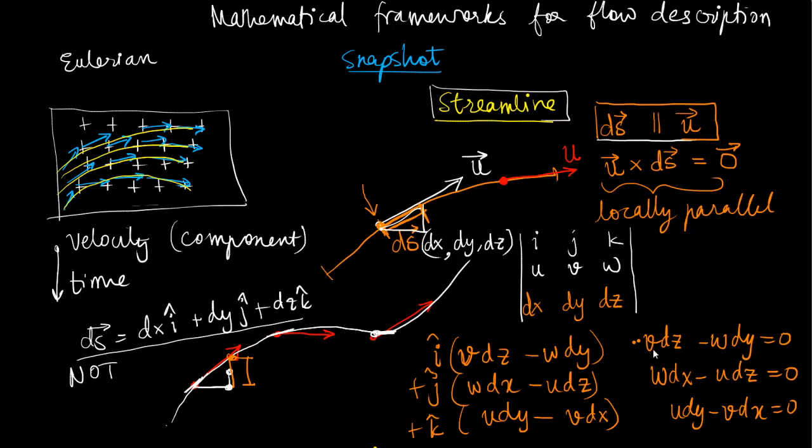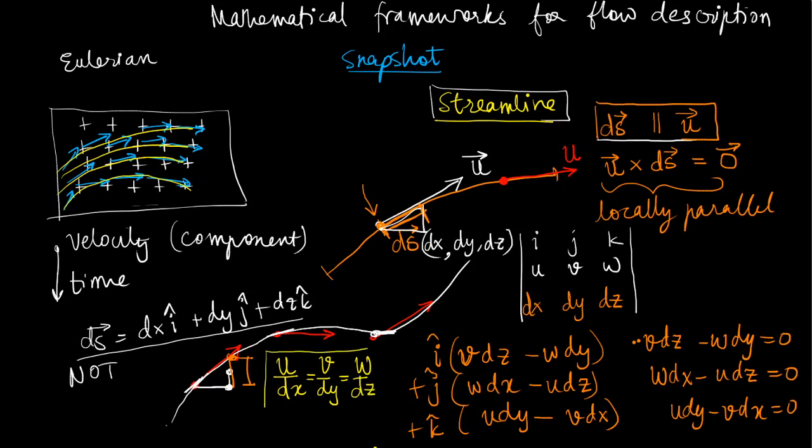From this, we can conclude that u upon dx is equal to v upon dy is equal to w upon dz.